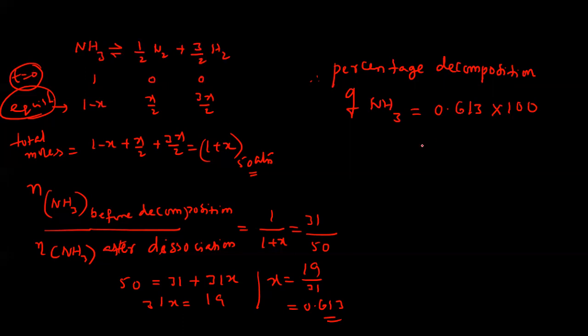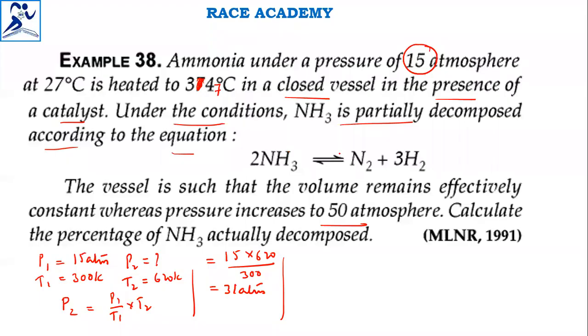So this is 61.3%. So 61.3% is the percent decomposition. So the question is, calculate the percentage of NH3 actually decomposed. So what is the answer we got? That is 61.3%. That is the answer for this question.